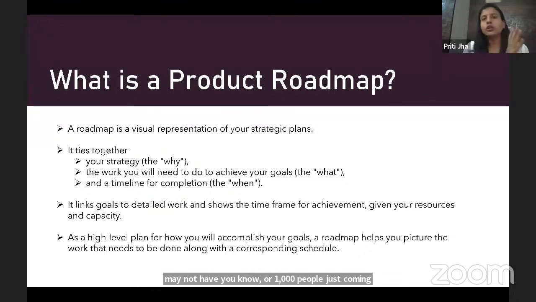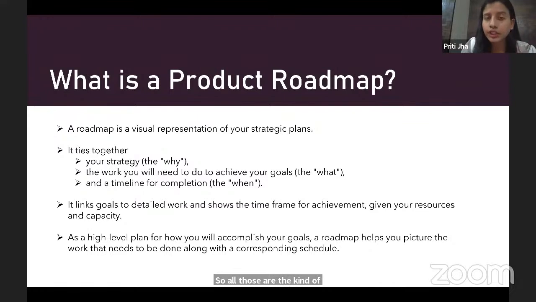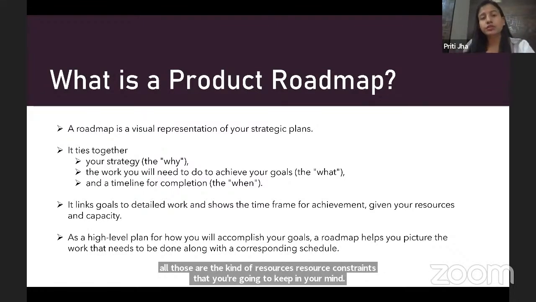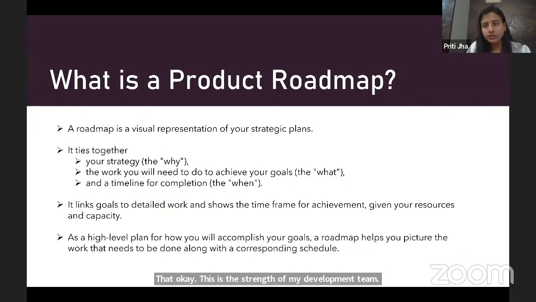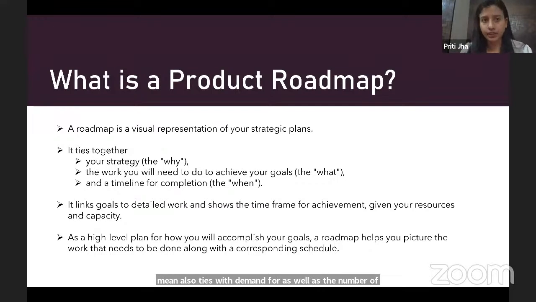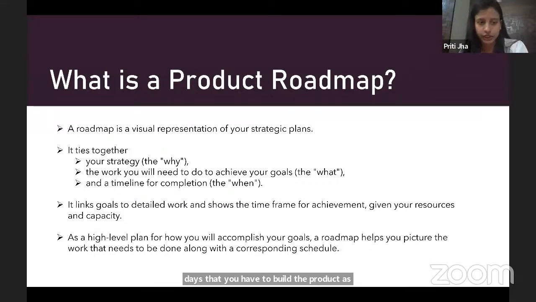So all those are the kind of resource constraints that you're going to keep in your mind, that, okay, this is the strength of my development team. This is the strength of my testing team. This is how much I can spend on this product or this feature. And then the capacity, which also ties with the manpower as well as the number of days that you have to build the product, or to ship the product to the market.